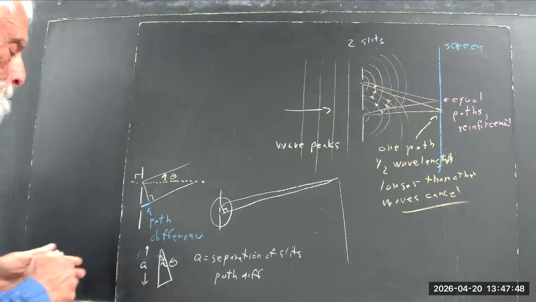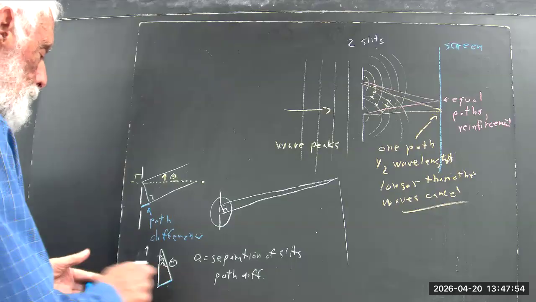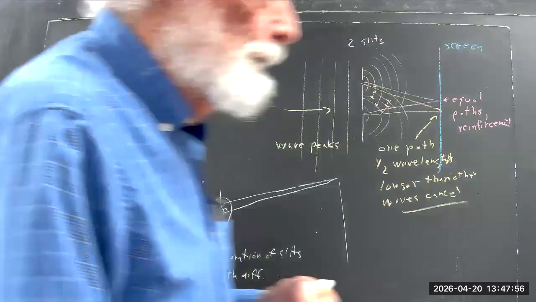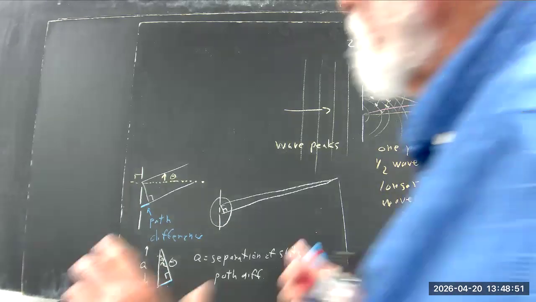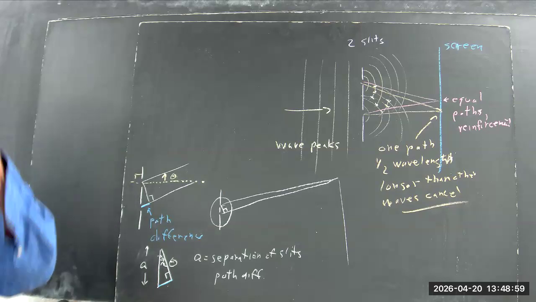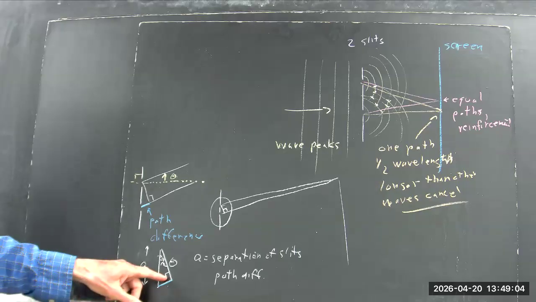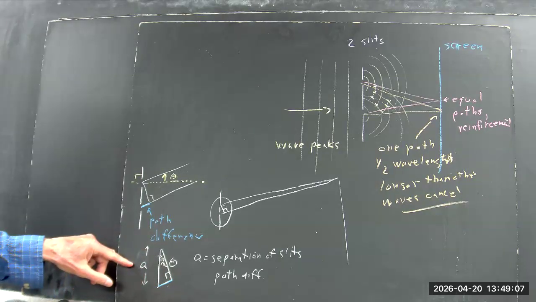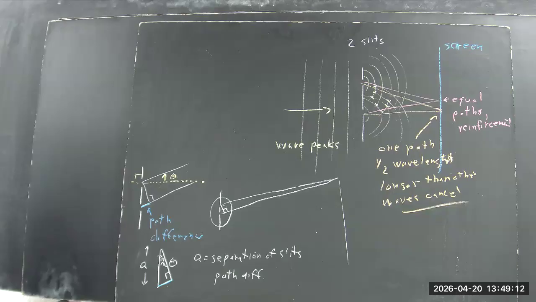Here's your path difference, right? And of course, this is a right angle here. So everybody write down what the path difference is. Now, you should be familiar enough with trigonometry that it's obvious. Here's your right angle, so here's your hypotenuse, that's A. Here's your angle theta, here's your path difference. It's the opposite side, so it's A sine theta, right?